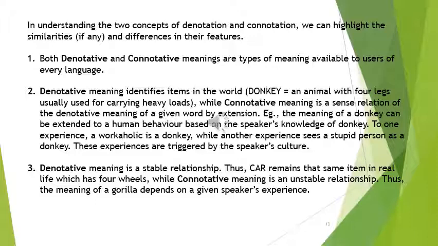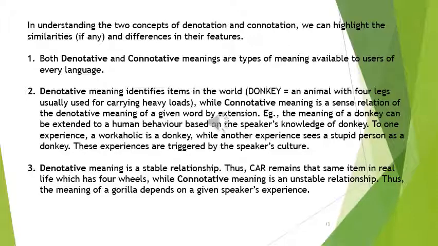Number two, denotative meaning identifies items in the world, like donkey is an animal with four legs, usually used for carrying heavy loads, while connotative meaning is a sense relation, or it is the secondary meaning or the associated meaning of that particular word. For example, the meaning of a donkey can be extended to a human behavior based on the speaker's knowledge of donkey, as I gave examples with the word dog and blue.